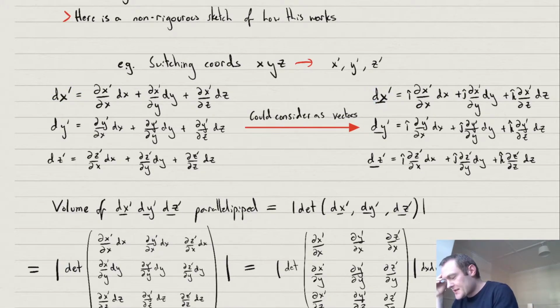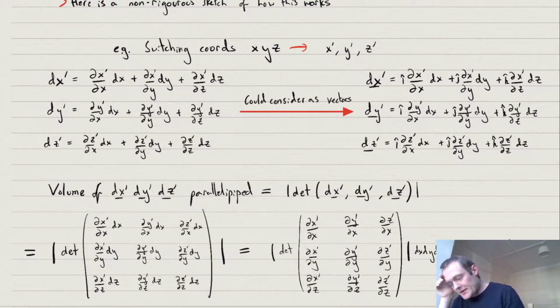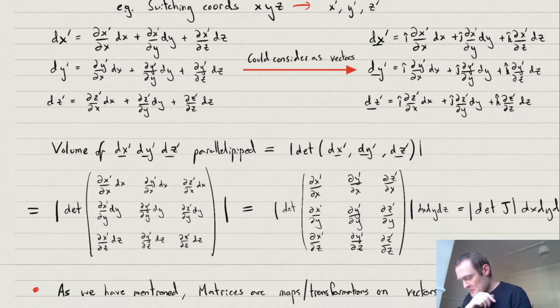So an amount in the x prime direction is a vector in a space, and we can think of that as a small amount in the x direction, so i hats, in the y direction j hats, z direction k hats. And so we could think about trying to calculate the volume of the parallelepiped that's described by the dx prime, the dy prime, and the dz prime vectors as its sides. And so we calculate that using the absolute value of the determinant.